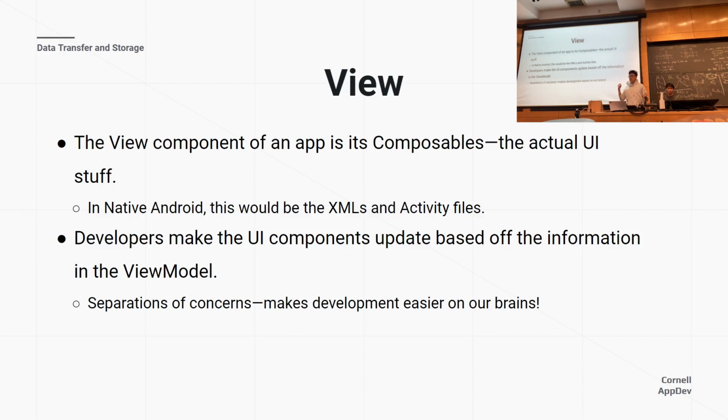I make all these components look like they're supposed to, and then I don't have to worry about whether or not these components will actually update, because I can pass that responsibility onto the view model that someone else may be working on, which allows for a lot more decoupling of the code and allows for the separation of concerns.